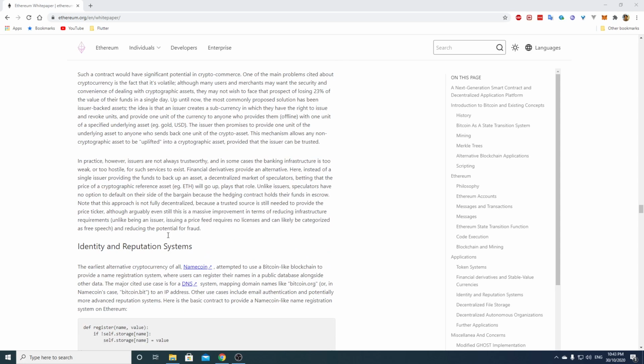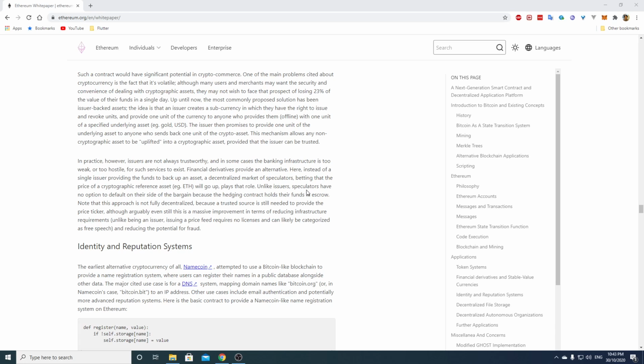In practice, however, issuers are not always trustworthy. Well, you bet. And in some cases, the banking infrastructure is too weak or too hostile for such services to exist. Financial derivatives provide an alternative. Here, instead of a single issuer providing the funds to back up an asset, a decentralized market of speculators betting that the price of a cryptographic reference asset will go up plays that role.